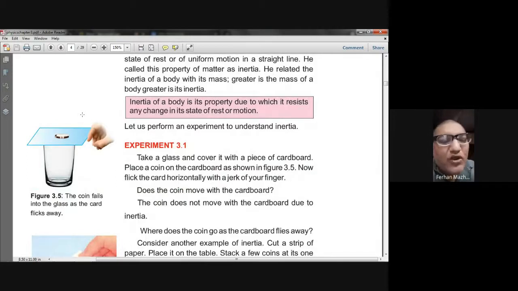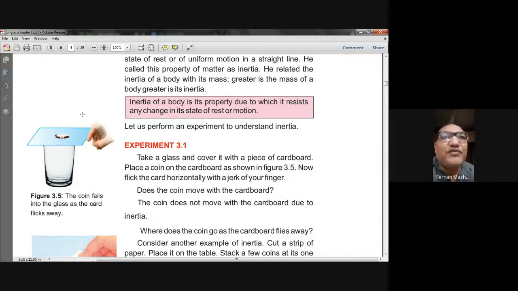Then you take a coin and put the coin on the card, and with your finger, like we play carom board, you hit the card. What will happen? The card will fly away, but the coin will not go with the card. It will fall into the glass. Amazing.